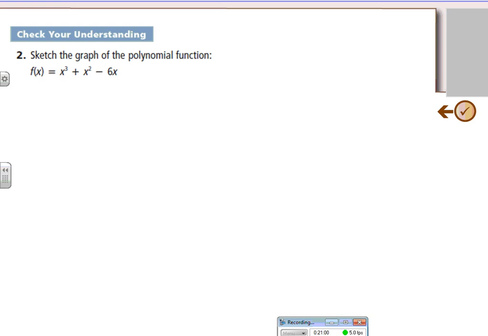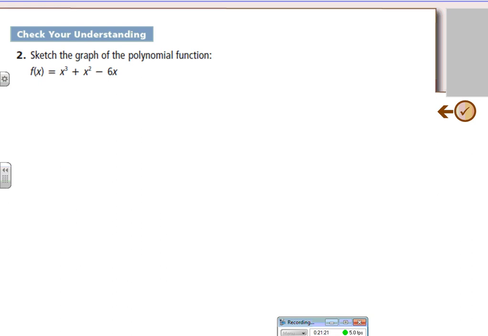Same thing here. As soon as you factor the polynomial, you can find the zeros. So we can use the zeros, the x-intercepts, and the y-intercepts, and that end behavior, does it end going up or down? Put that together and we can sketch.